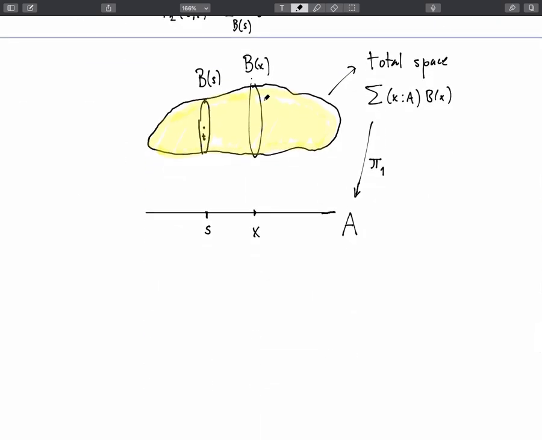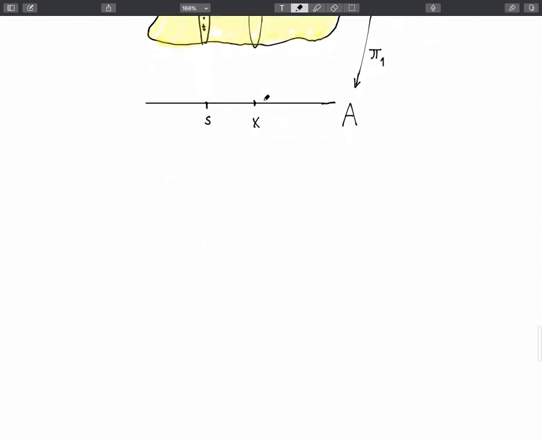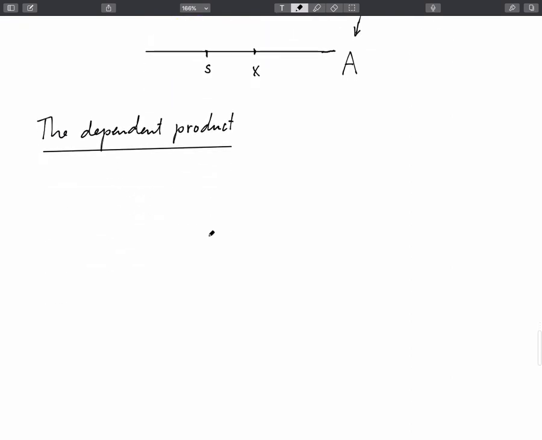Okay, so another construction which is fundamental is the dependent product. So how does that work? Once again, given a type A and a dependent type B, now allow me to write it like this, it's shorter.